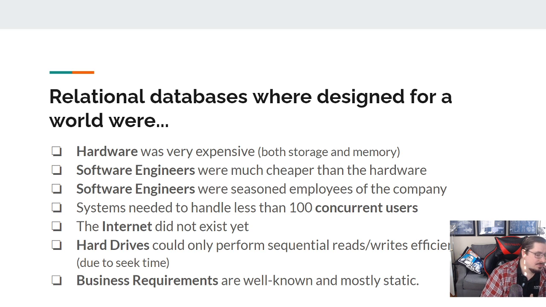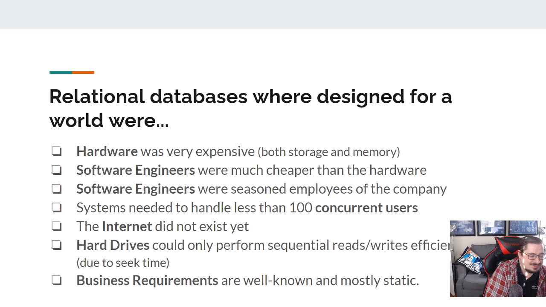The internet also really did not exist. They were starting to see networks, there were different experiments with that in those early decades, but there was no concept of the internet, which also meant that these early databases did not have websites attached to them.